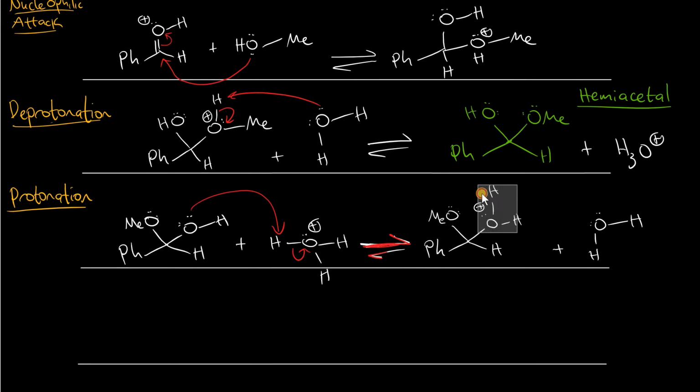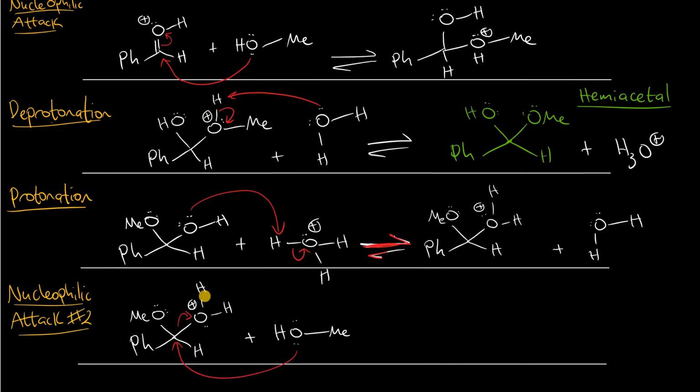Water is a good leaving group, can be expelled from the compound, and another methanol can come in and attack. What happens then is we form another water molecule, and now we are one step away from forming the acetal.